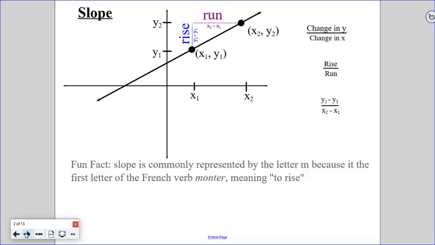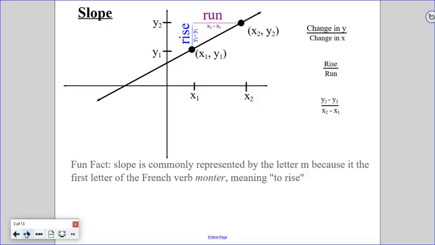So if I were to compare any 2 points on the line, and it doesn't matter which 2 points we are looking at, the steepness can be described as the rise over run, the two words that are commonly used to describe slope, which would be the difference in the y value from this point up to this point. So y2 minus y1. Subtracting finds the difference between two values.